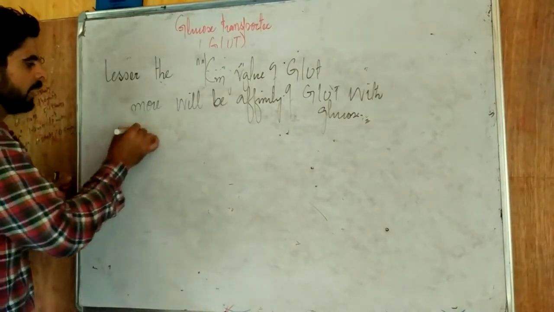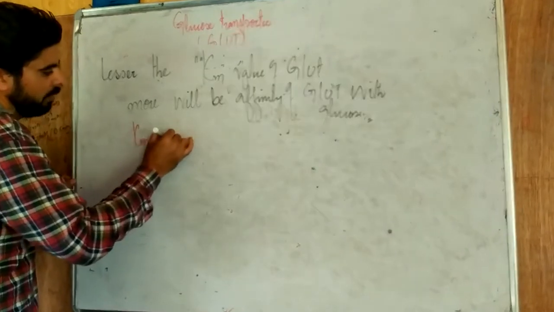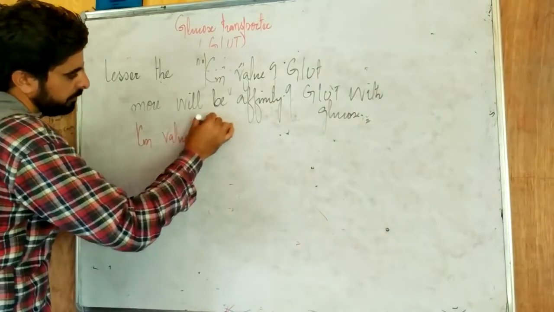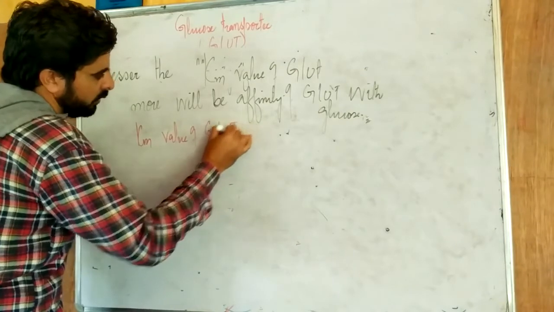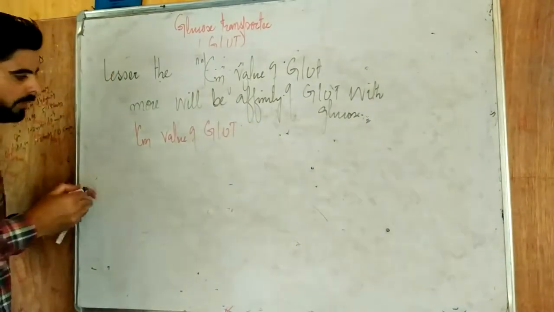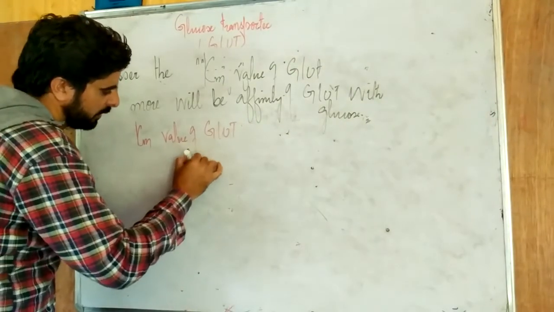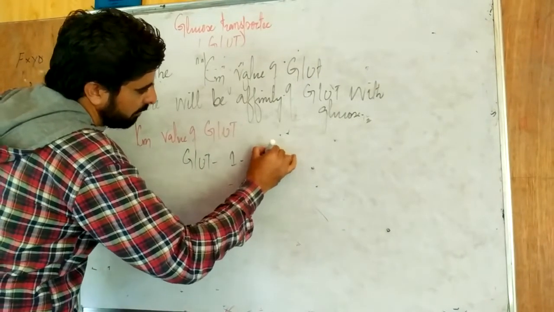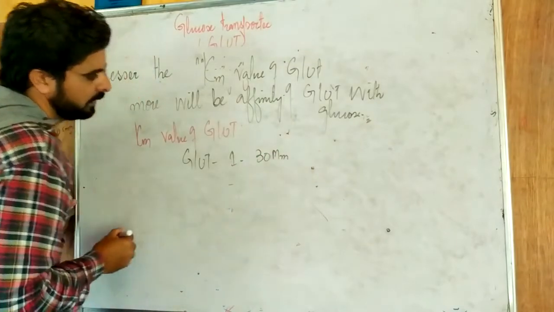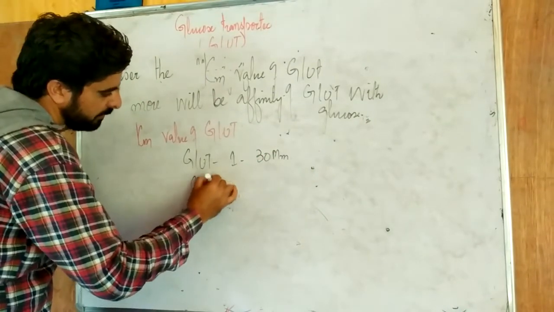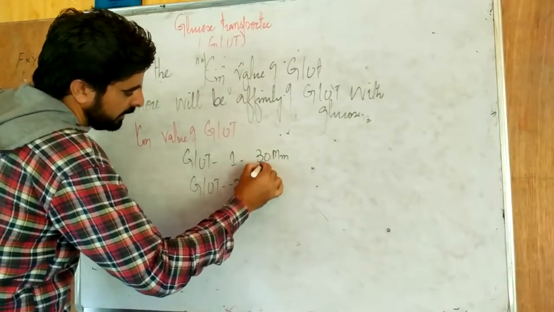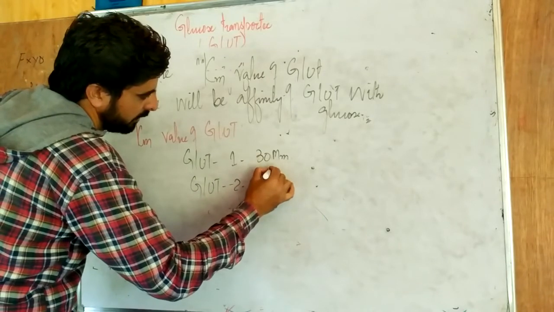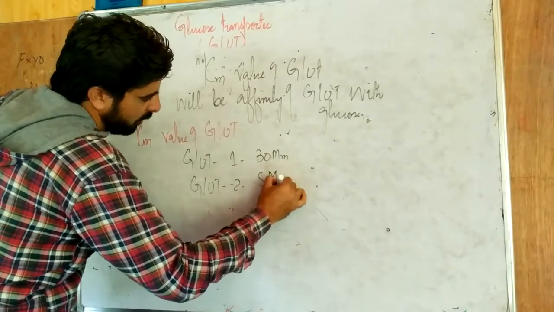Say for instance, we have Km values of GLUTs. The first GLUT has a Km value of 30 millimolar. Then the second GLUT has a Km value of 5 millimolar.